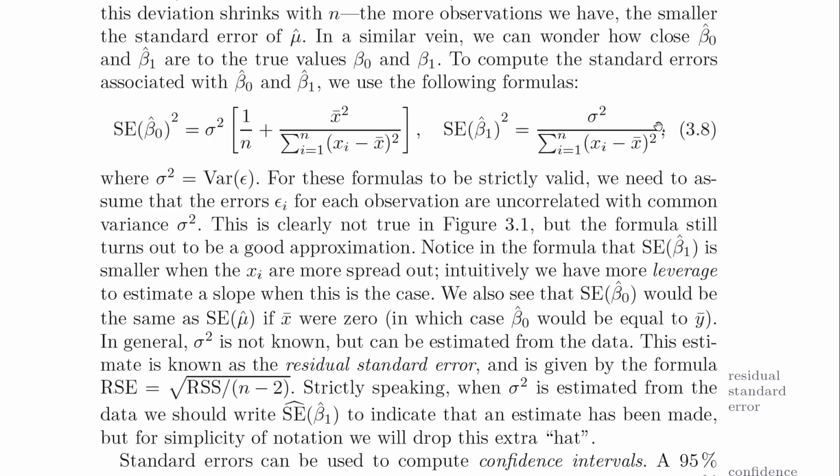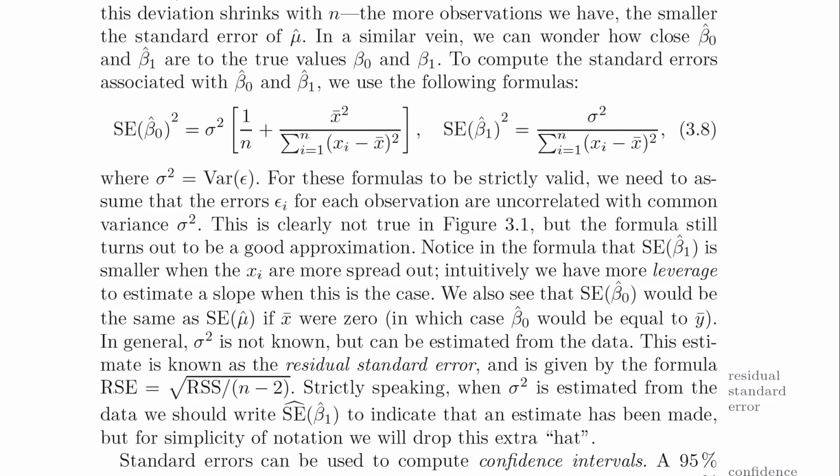What is sigma? Sigma is the standard deviation of the error term. So sigma squared is the variance of the error term. The smaller it is, the better. The closer the data points would be to your true line, the true linear relationship.